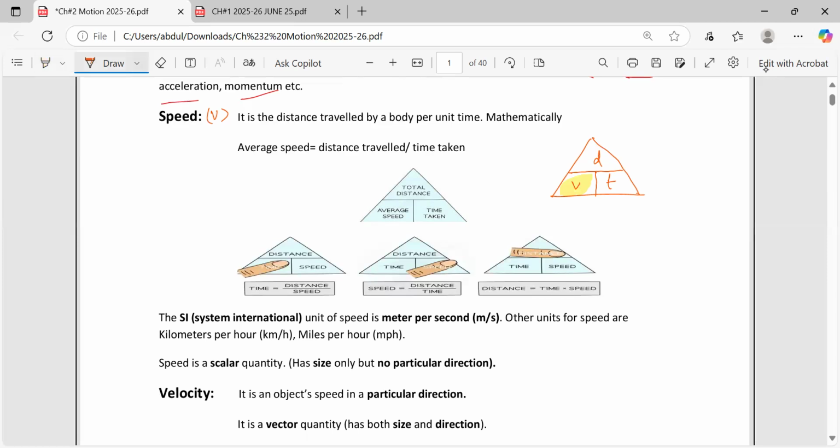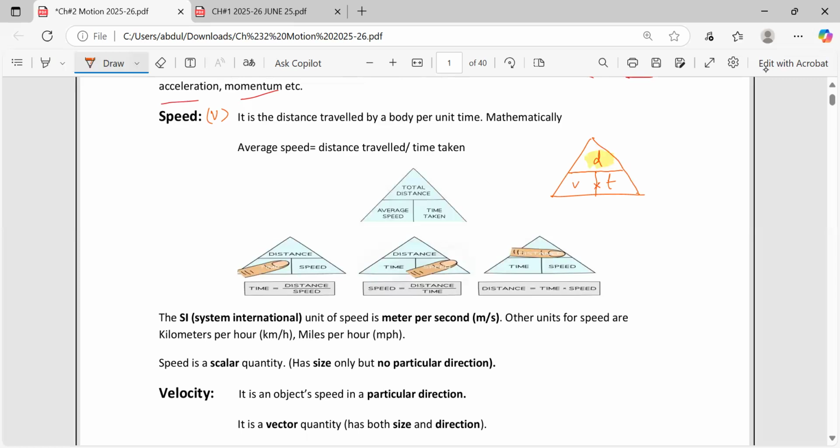You want to calculate D. How to get D? Just first of all hide D, so D you cannot see. So D will be equal to V times T, because the rule here is multiplication.